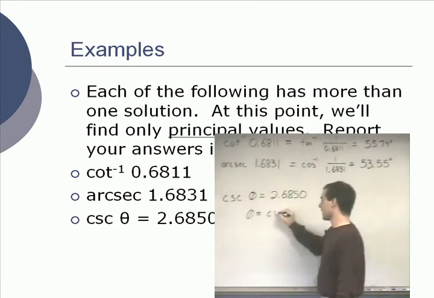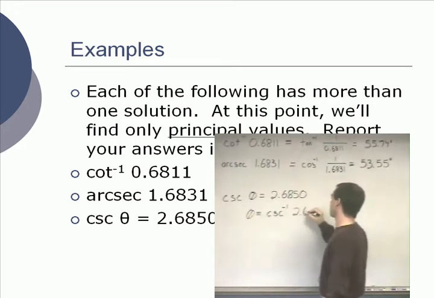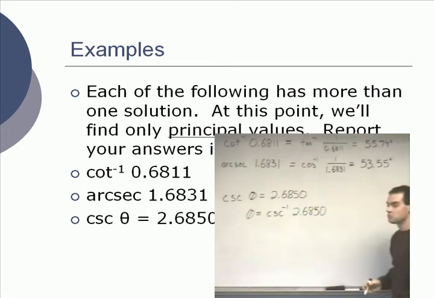It's the inverse cosecant of 2.6850. Agree with that? If cosecant theta is 2.6850, then theta must be the inverse cosecant of 2.6850. That's all well and good, but now you've got to evaluate that.